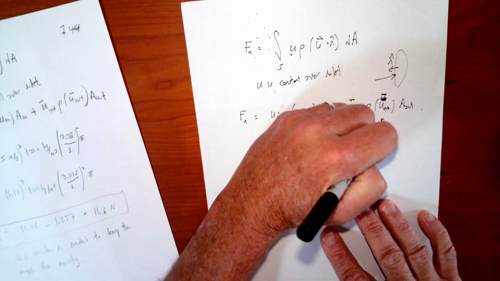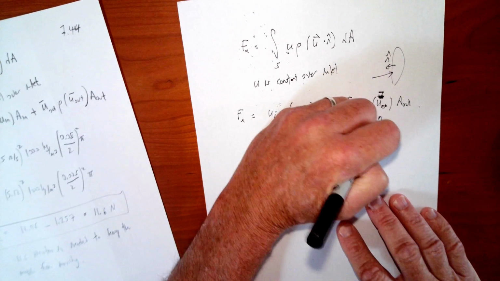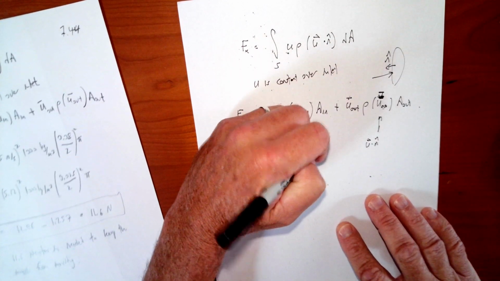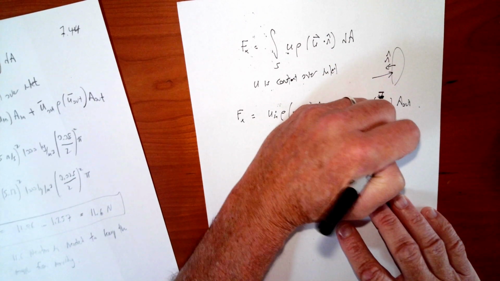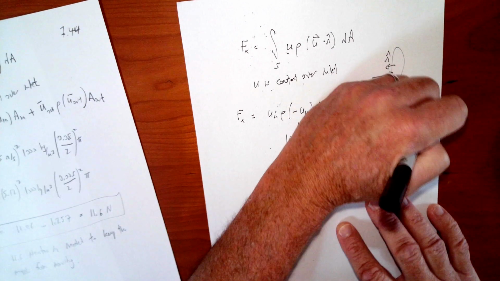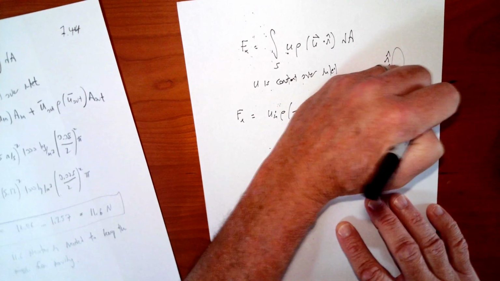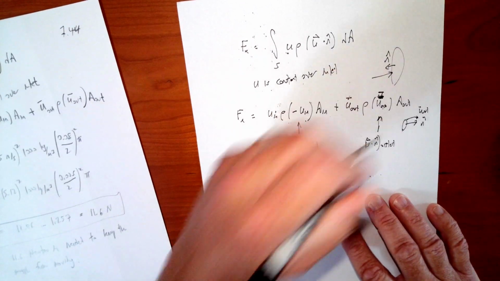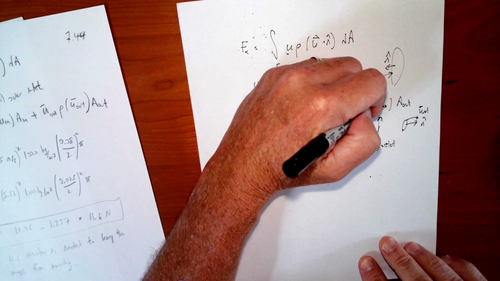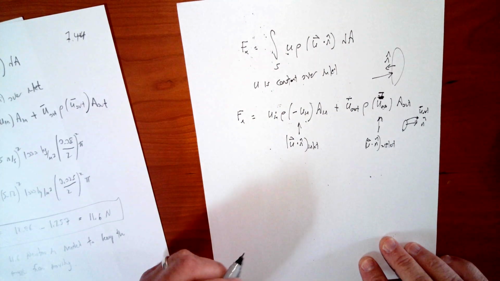So this is that u dot n at the out. This is the inlet, and this is the outlet. At the outlet, that gives us a positive sign because n hat and u out are in the same direction. So there's no change in sign there. So it's just average u out times rho times average u out times the area out.